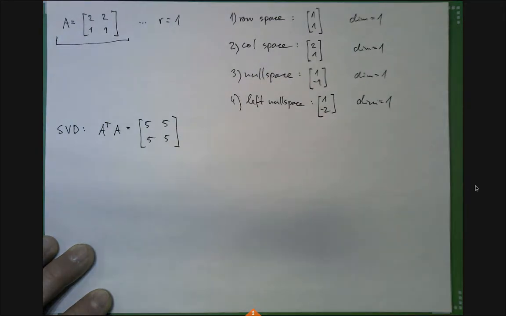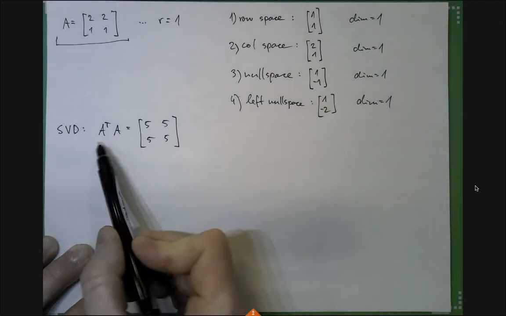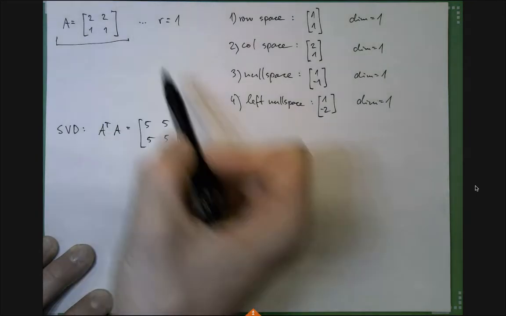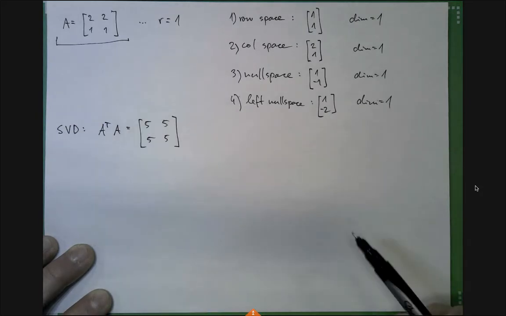So this is ATA. You can immediately see that the rank is also 1, and that should not surprise you, if you were paying attention in the last lecture, when I was arguing that the null space of A is the same as the null space of ATA, so certainly they must have the same dimension. So no surprise that this is rank 1.